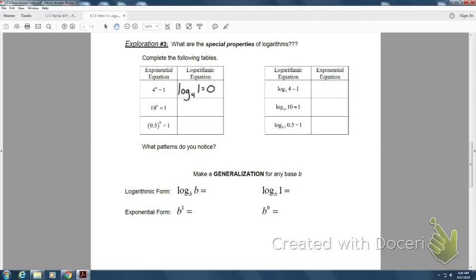Bill, what would the next one be? Log base 10 of 1 equals 0. Okay. Eden, last one. Log base 0.5 of 1 equals 0. Okay. So, does anybody notice a pattern there?